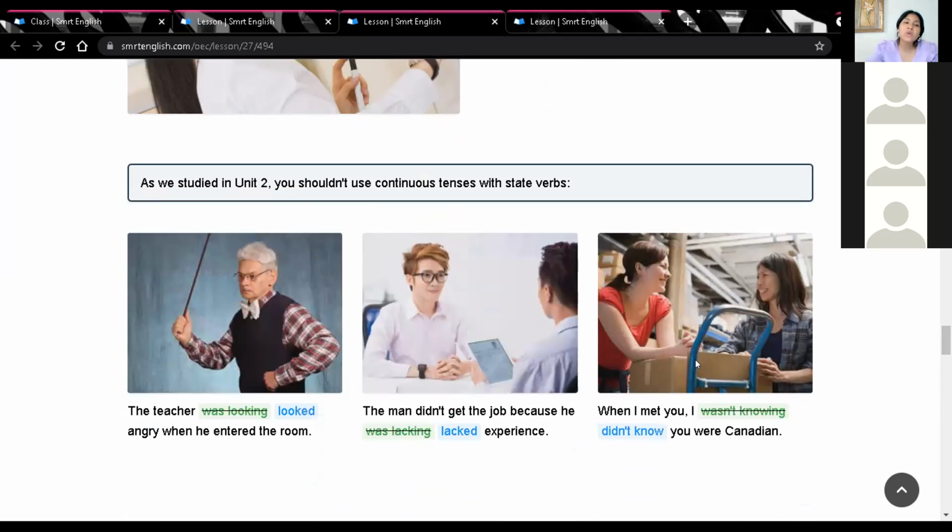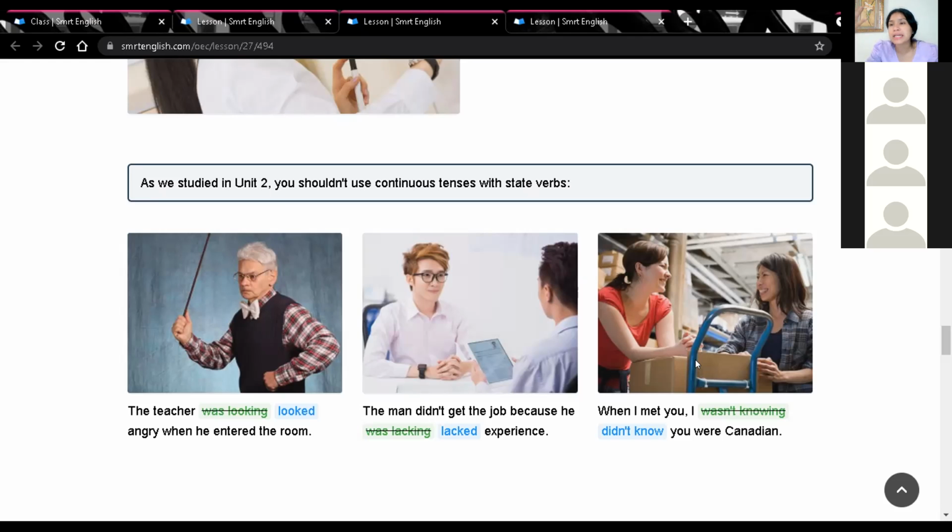Okay, so it says in here, as we studied in unit 2, we shouldn't use continuous tenses with the state verbs. The state verbs, in few words, are the ones that show feelings. For example, love, hate. Or the ones with the senses, right? Like the verb think.